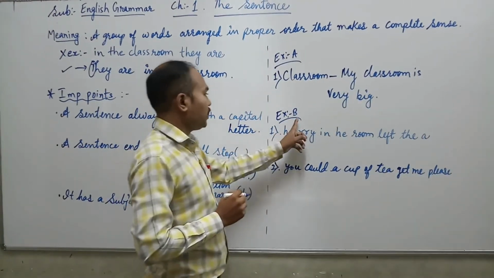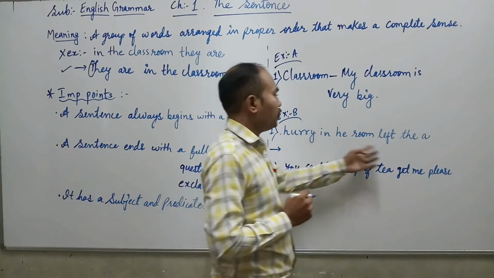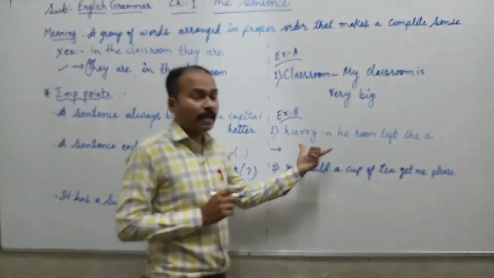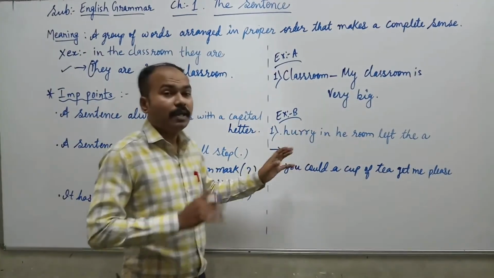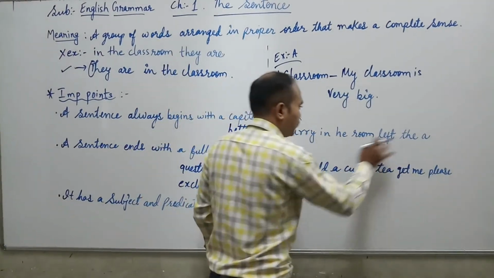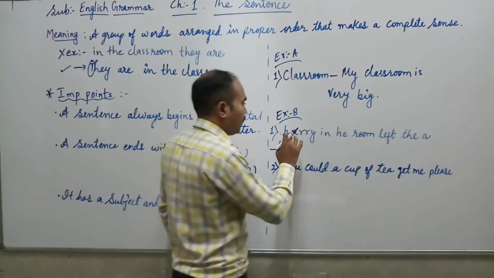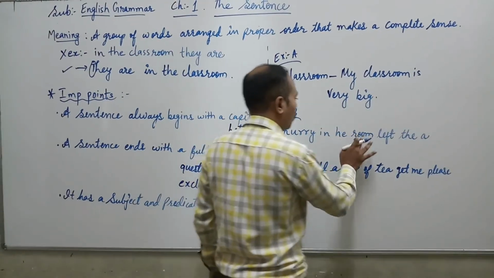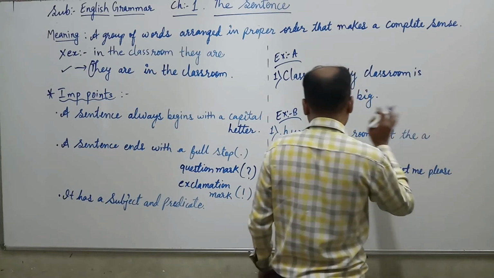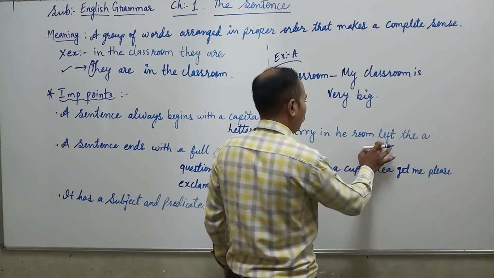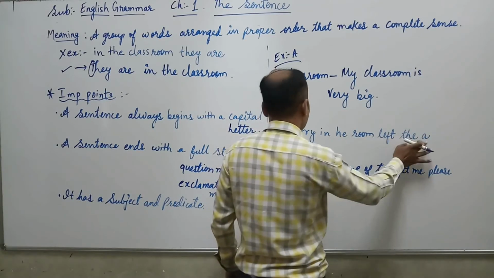Then exercise number B includes groups of words that are not arranged. So we have to rearrange all these words and make a correct sentence. Let us do: "hurry in, he room left the a." The answer will be: He left the room in a hurry.